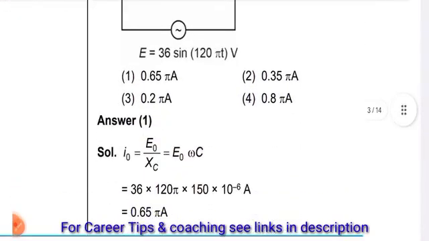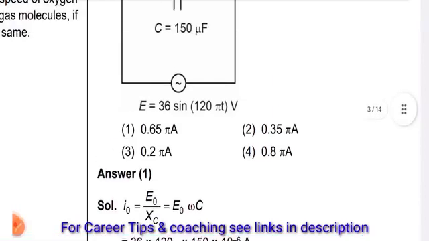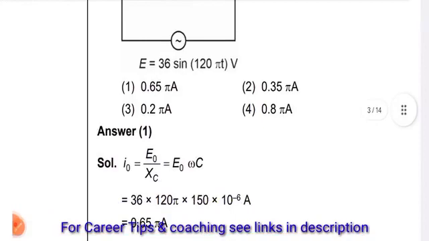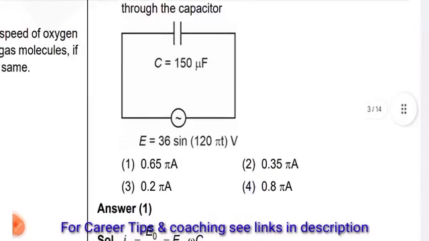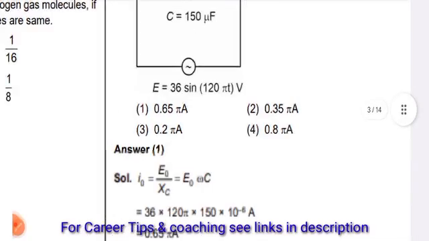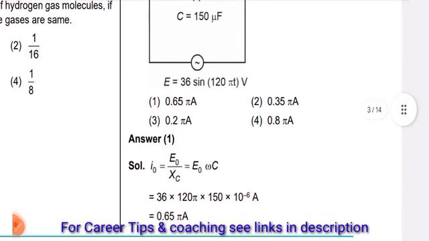That is E upon X, or you can say E naught times omega into C. So this is 36 into omega, which is basically 125, into 150 into 10 power minus 6. Basically, it's 150 microfarad, right? So the capacitance is given 150.